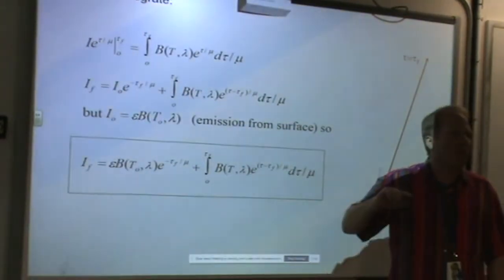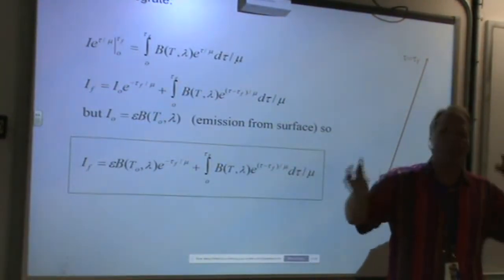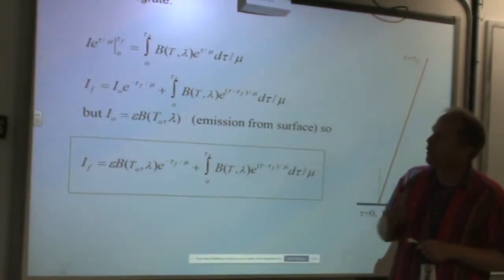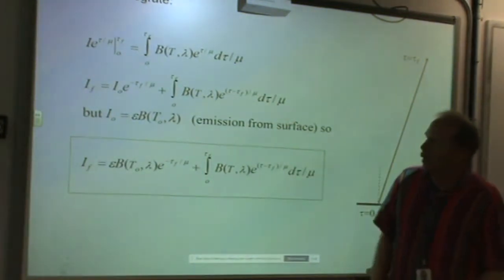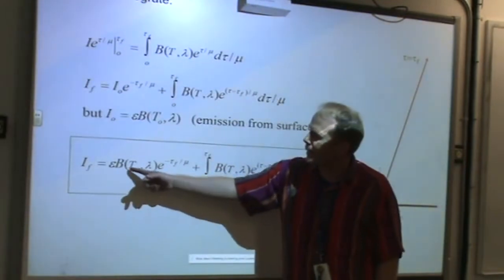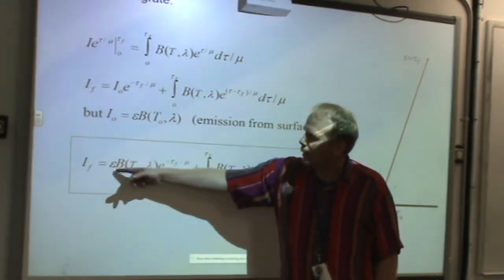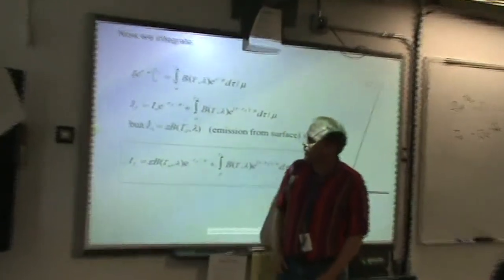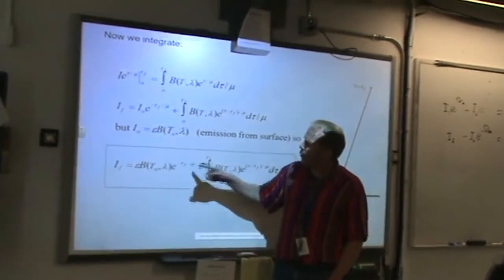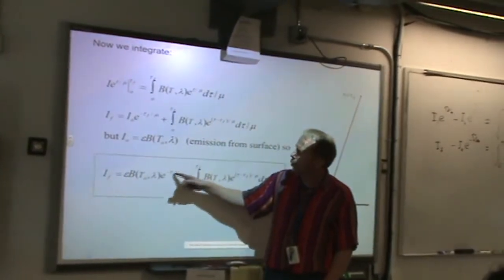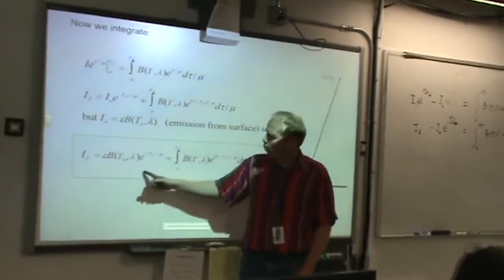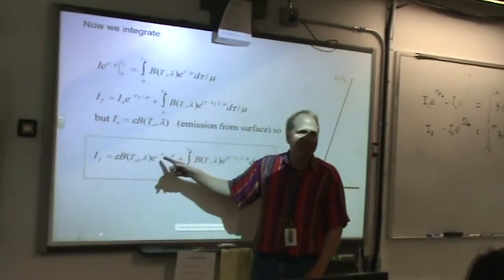We can come up with this just by putting things together. For example, I already said that this is emission coming from the surface. It's the emissivity times the black body radiation, e to the minus tau final over mu. This is going through the atmosphere. What is this telling us is happening?